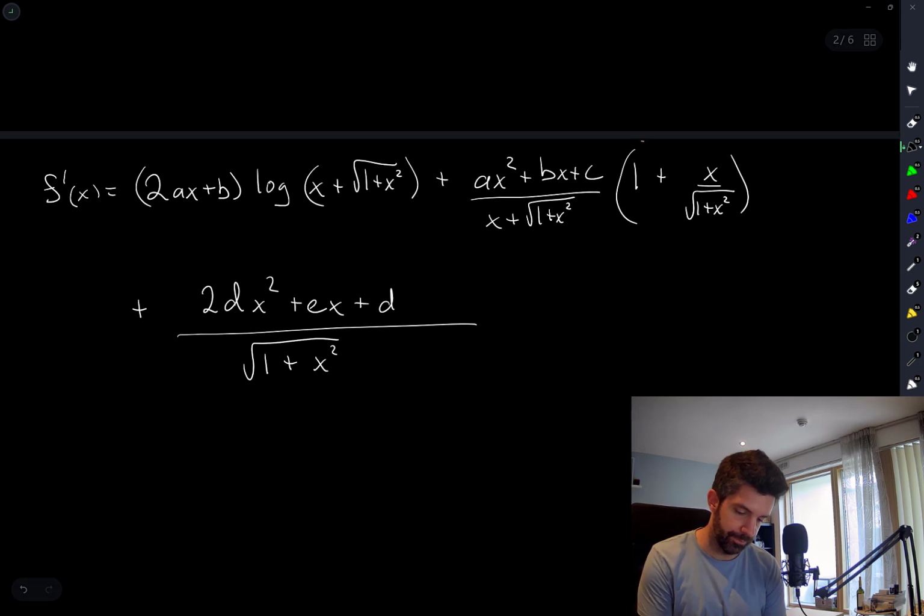So this term, let's change that to 1 plus x squared plus x, divided by the square root of 1 plus x squared, like this.